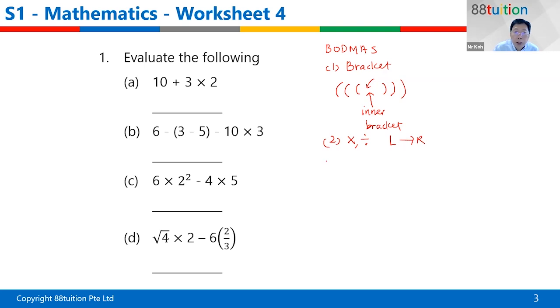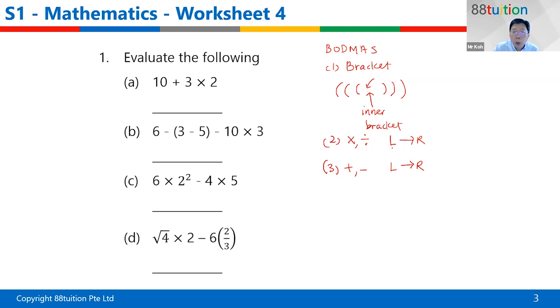The next one will be addition and subtraction, whichever comes first from left to right. Somebody likes to use the words first come, first serve. Well, you have to go from left to right, so first come, first serve must be from left to right.